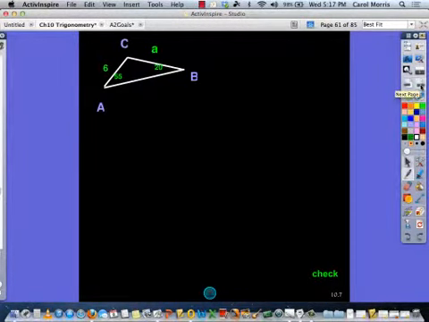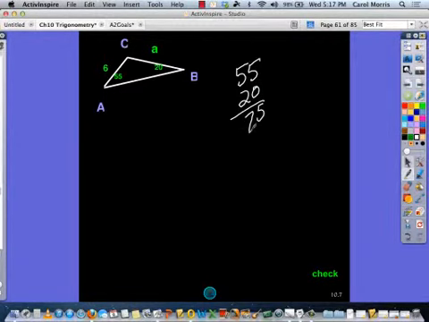So I have a triangle here, and you can definitely see by looking at it that it is not a right triangle. And even if you wanted to, you could do the math. We've got a 55-degree angle, we've got a 20, so you add those up, and we've got 75. And if we've got 75, that means we only have 15 left to get to 90. And so 15 plus 90, and some of you would say, well, wait a minute, that's 105.